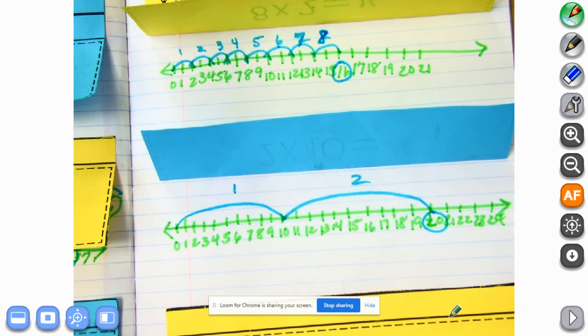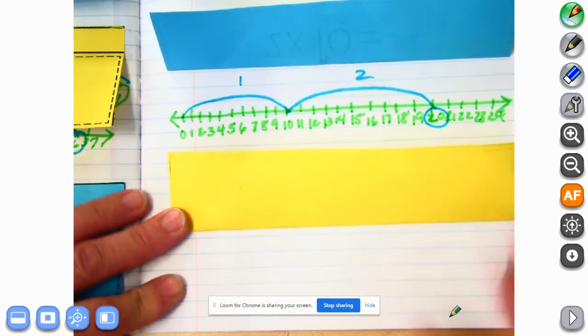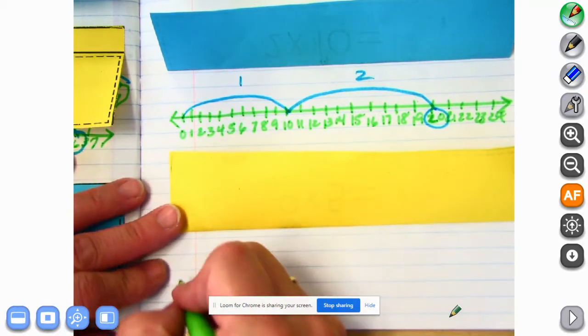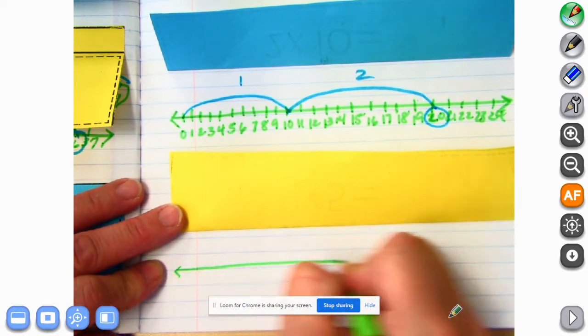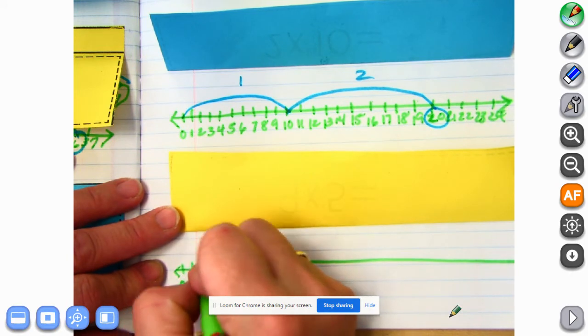And then last, we're going to do 9 times 5. Label it if you're finished.